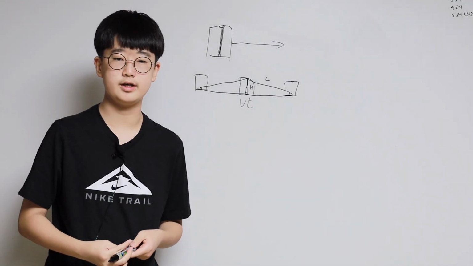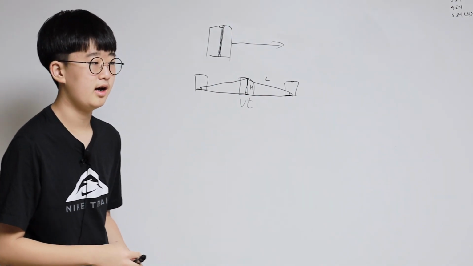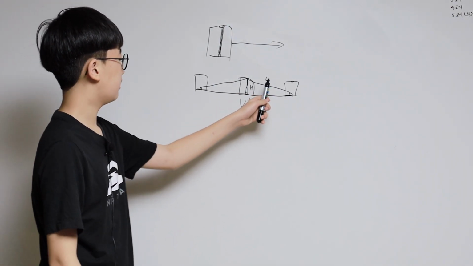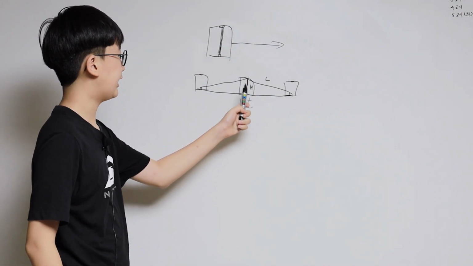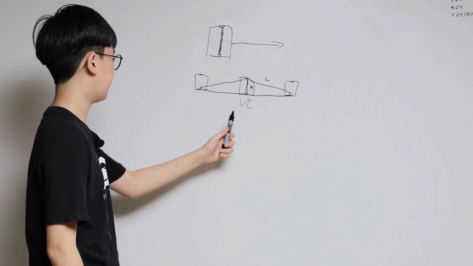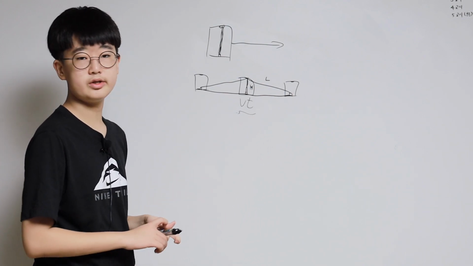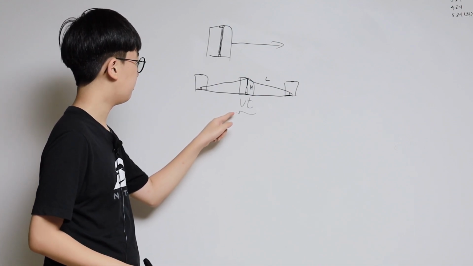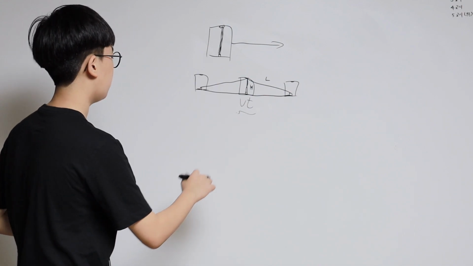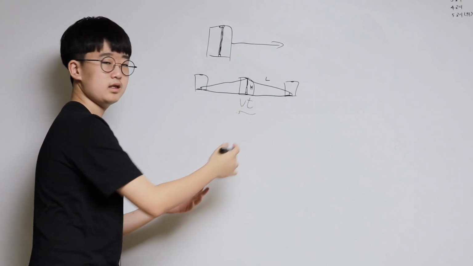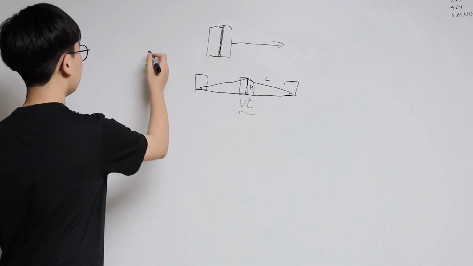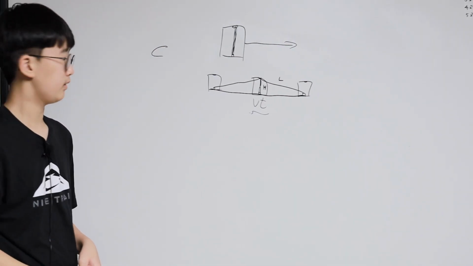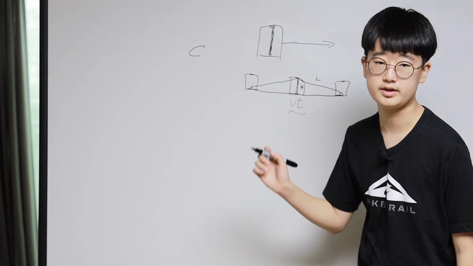If you didn't see my first video, basically H is for height, L is for length here, and this thing is velocity multiplied by time. This equals distance, so the distance it has moved. And also c is for the speed of light.